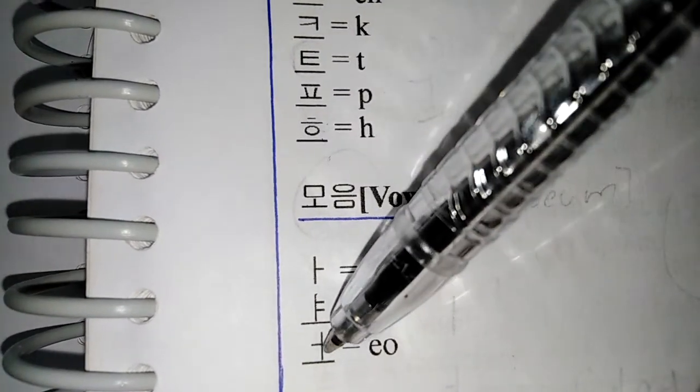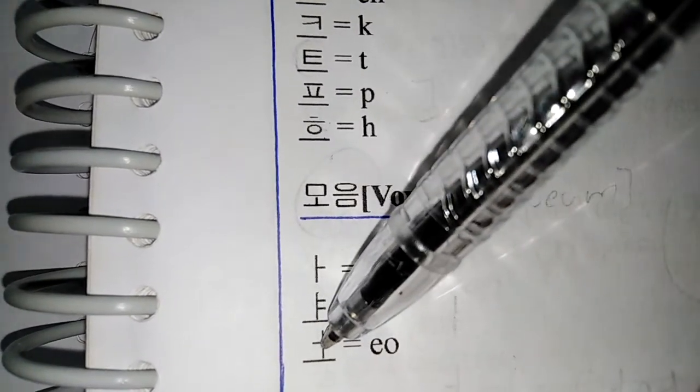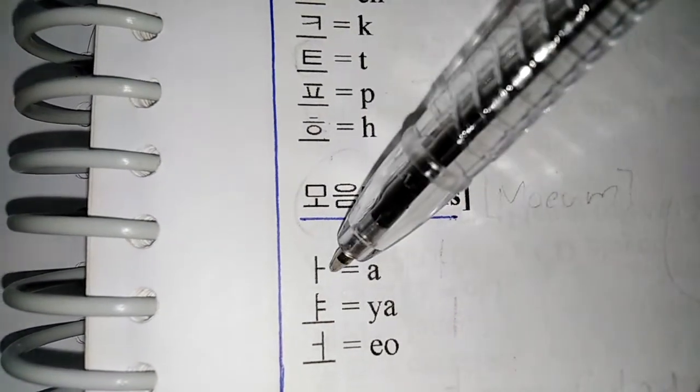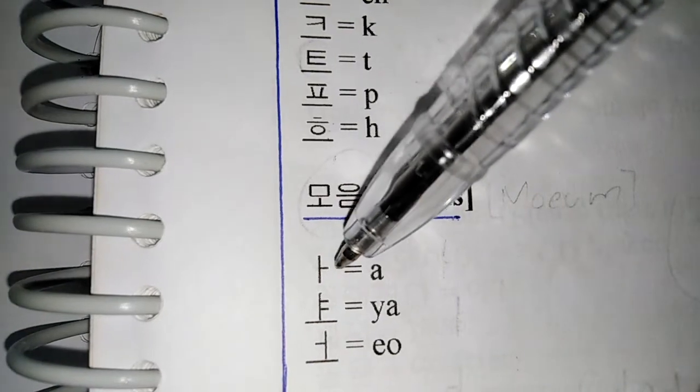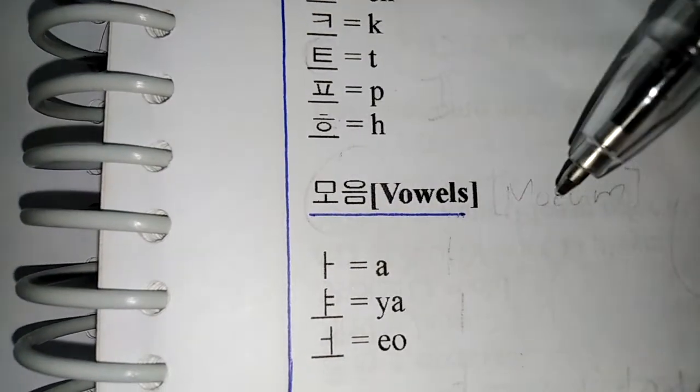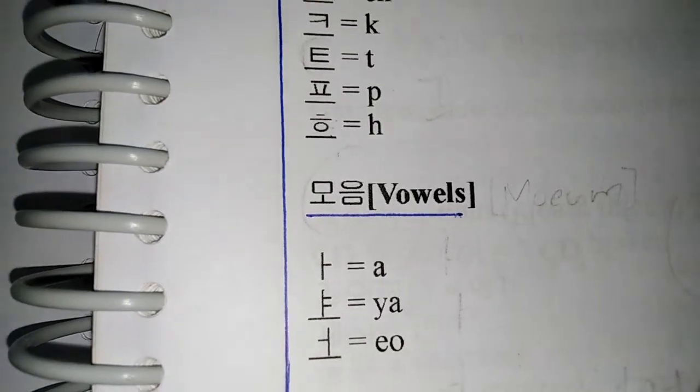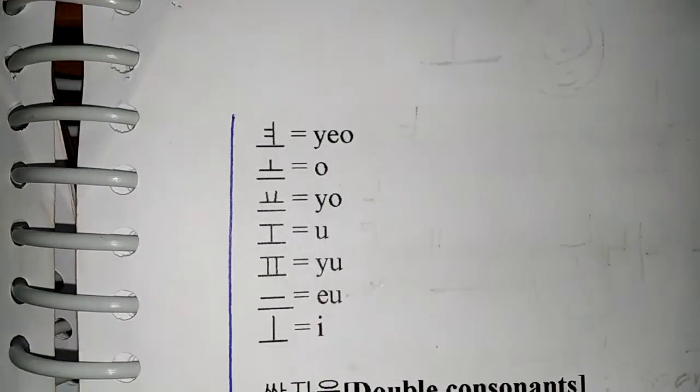You draw a short horizontal line to the left side. The Ya and Ah, we had horizontal lines to the right side. In O, we have horizontal line to the left side. And in the next page, we have the leftover vowels.